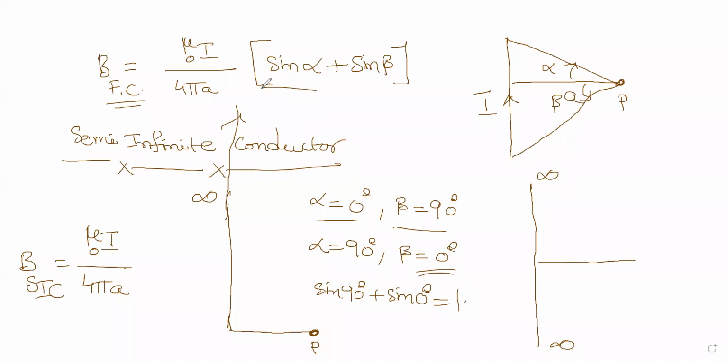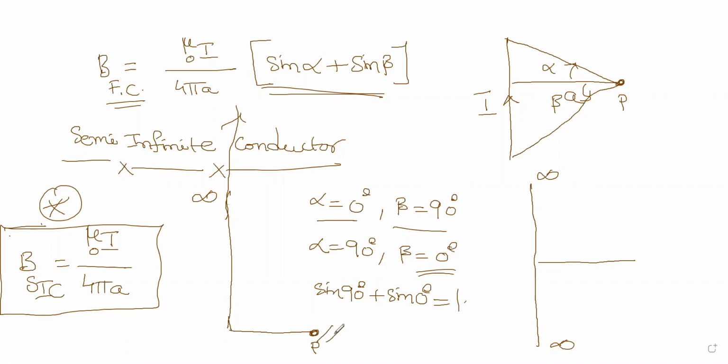So this factor will be 1. So this is the formula for a semi-infinite conductor: mu naught I by 4 pi A. We'll consider the magnetic field only at the edge of the conductor. Your problems will come like this only.